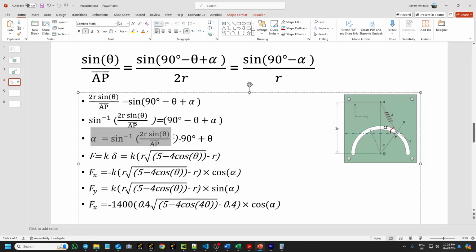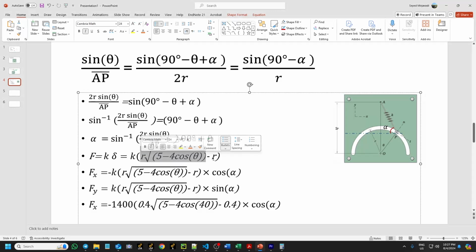So we have alpha here, and we know that F for a spring is equal to k, the stiffness of the spring, times the difference between the unstretched length and the length that we have now. We have already obtained this part in the previous section.